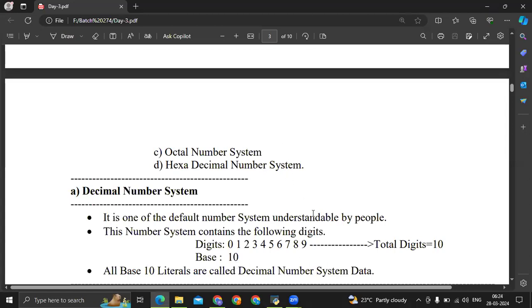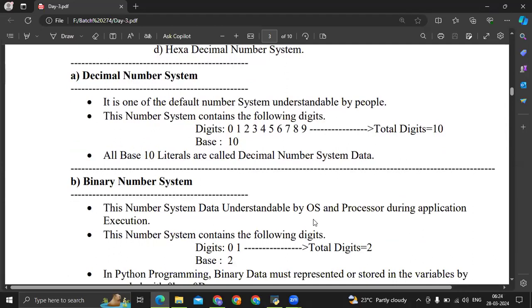Now, binary number system data. This number system data is understandable by the OS and processors during execution. This number system contains the digits 0 and 1 only. So total digits are 2. Base is 2.